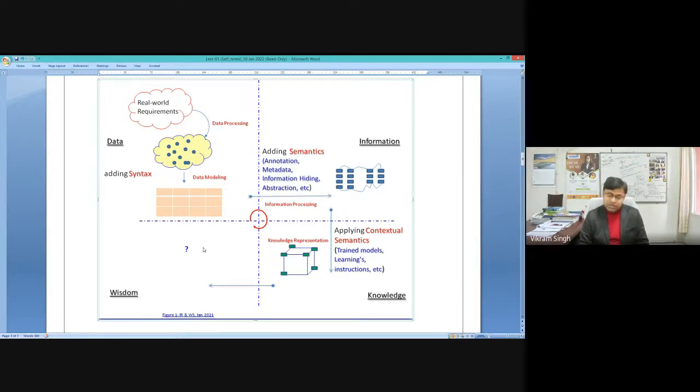And naturally, in the future, we will have this kind of system, as well as some individuals in society. I don't know. Maybe in our society, in our surroundings, there are a few people who have wisdom at the maximum level.